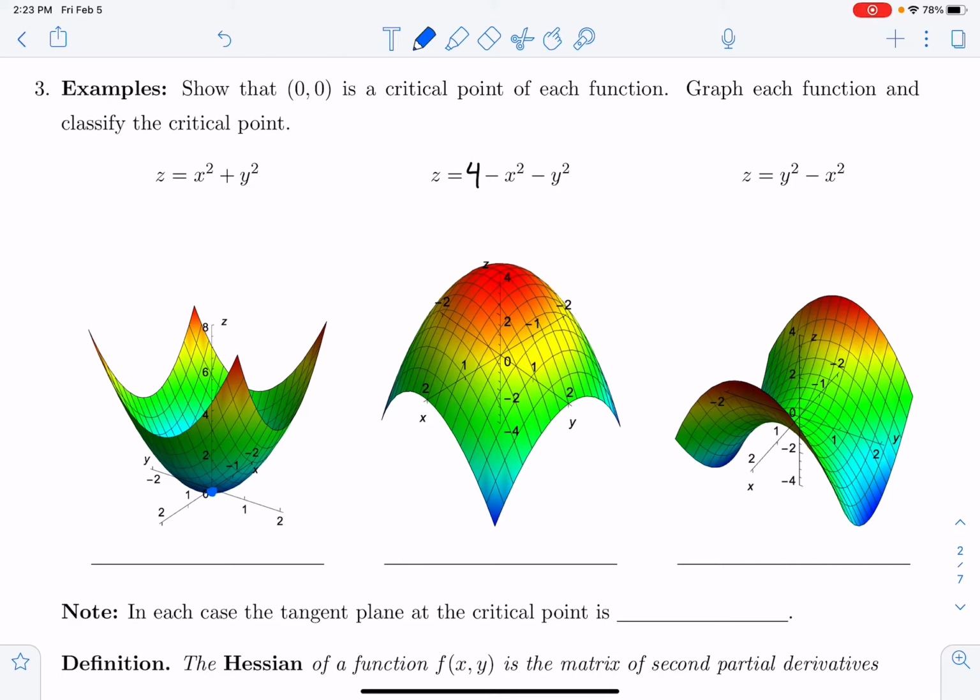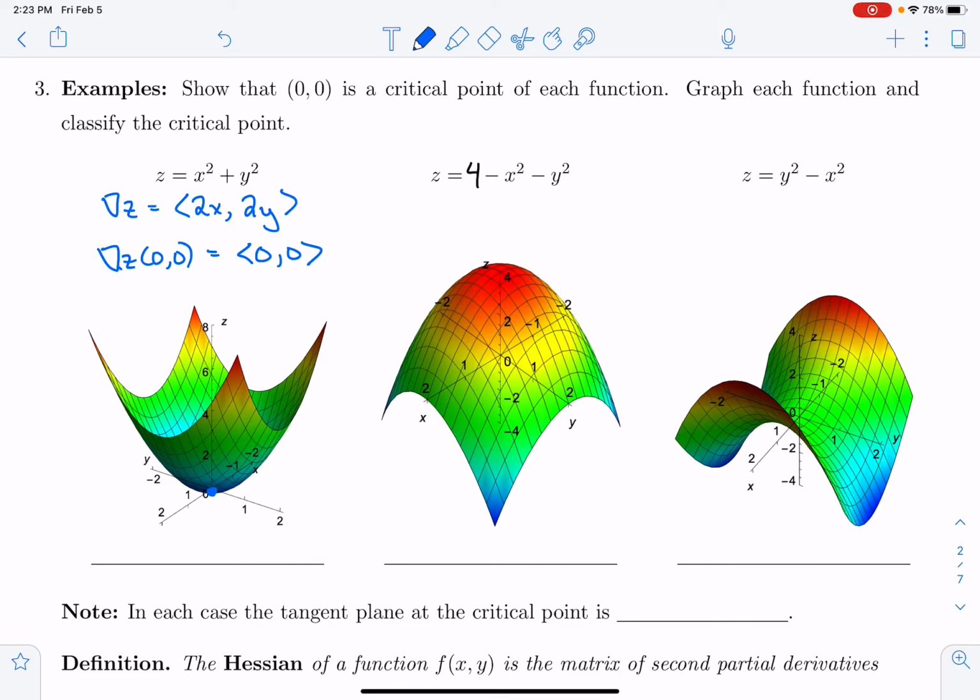So I'm going to start with the example z equals x squared plus y squared. The gradient of z is equal to (2x, 2y). And so that means that if I plug in the point (0, 0), I get the (0, 0) vector. That tells me that (0, 0) is a critical point.